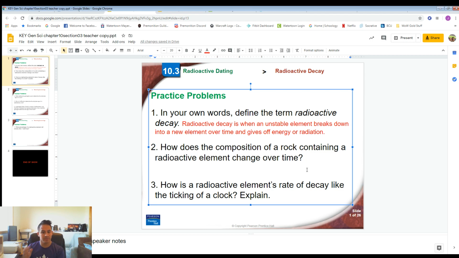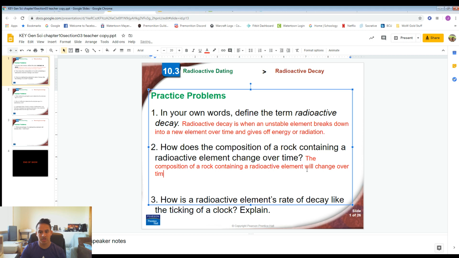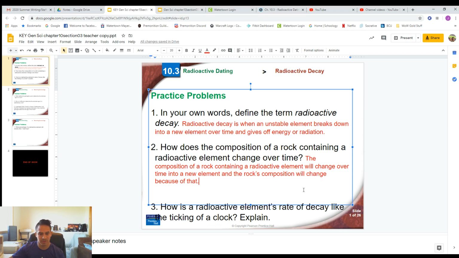Because that radioactive element is going to break down and turn into a new one. So to answer this one, we can say the composition of a rock containing a radioactive element will change over time into a new element, and the rock's composition will change because of that. Something along those lines.